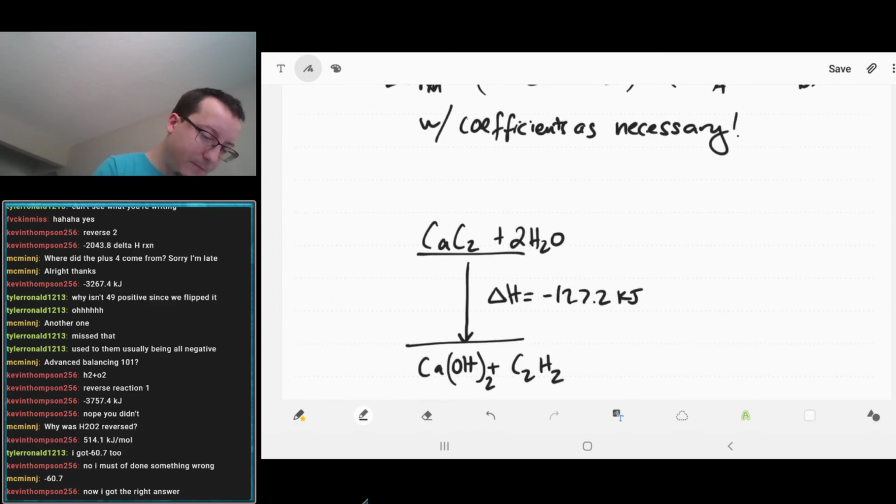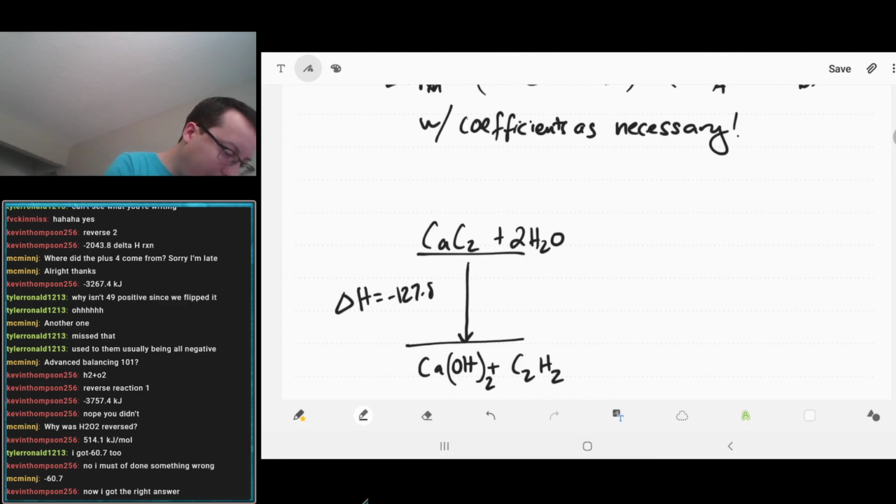Right, so just trying to diagram this for you guys because you'll see these a lot. And I don't know why I've chosen such a complex reaction to diagram for you guys, but lo and behold, there it is.